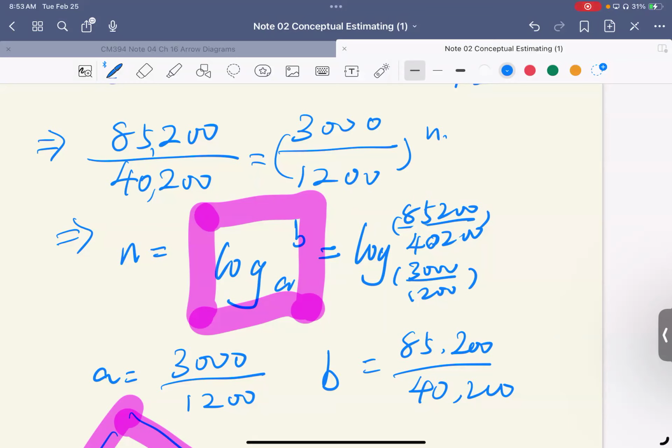Yeah, you're right. What number did you get? 0.81975, right? Is that correct? Okay.